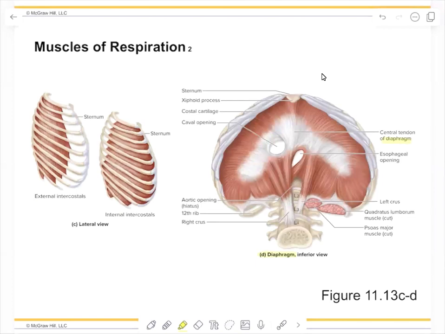For the external intercostal muscles, these muscles are responsible for breathing in, which is inspiration, so they increase the volume of the thoracic cage, whereas the internal intercostal muscles would be for forced expiration.